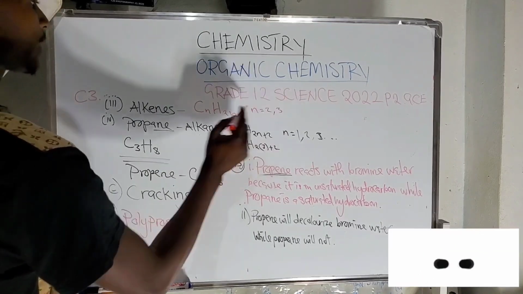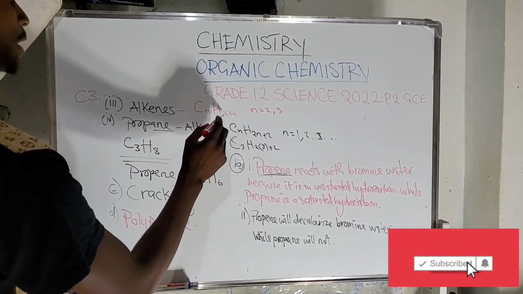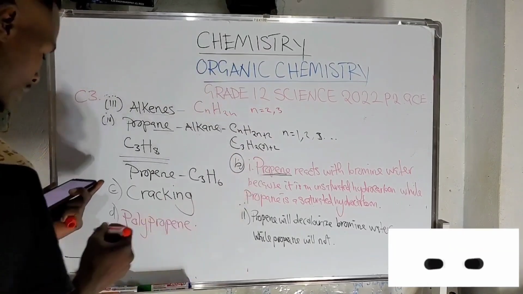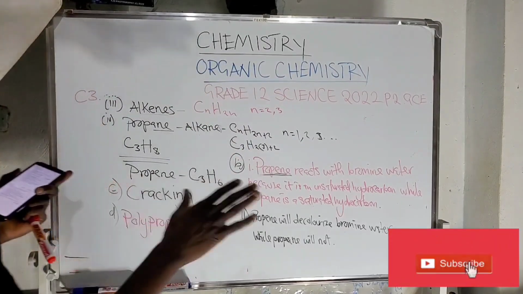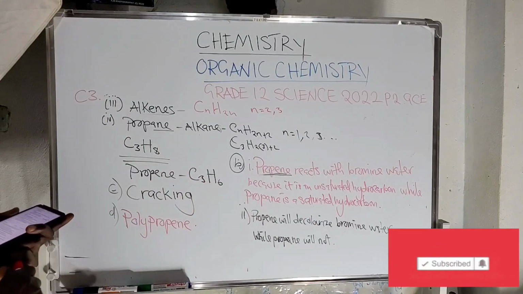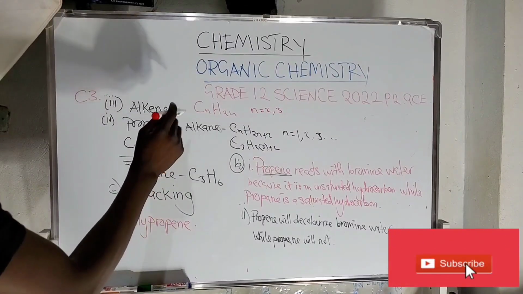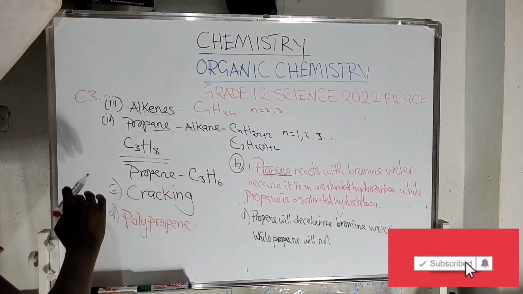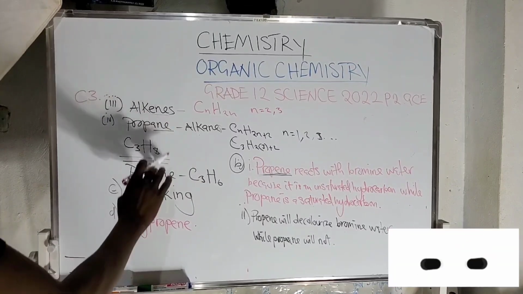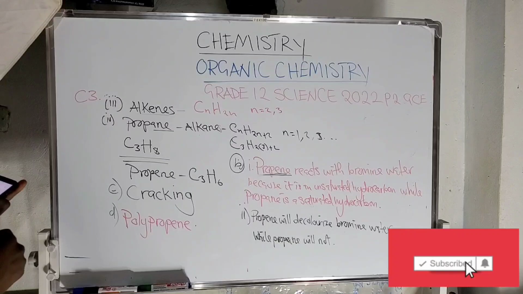So when you substitute 3, the formula will be C3H6, and the structural formula will have a double bond between 2 carbon atoms, not throughout, but just between 2 carbon atoms. Then how propane and propene differ: in terms of bond, propane has a single bond, propene has a double bond between its carbon atoms.